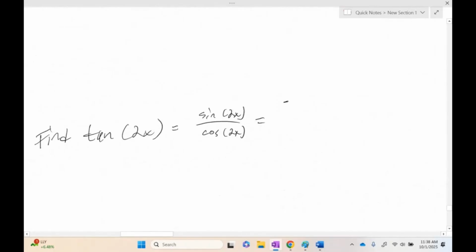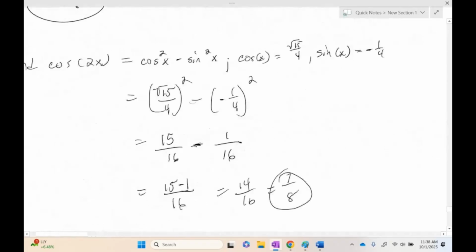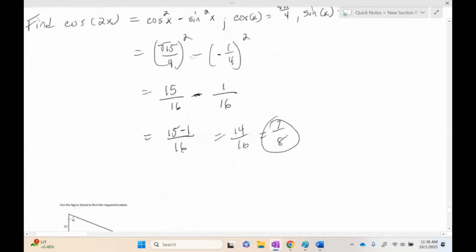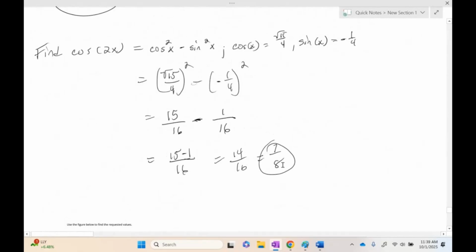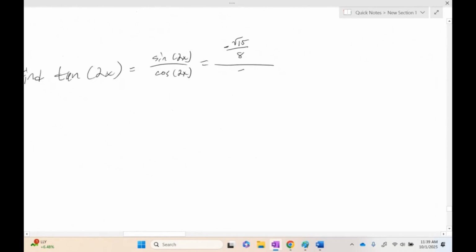So I'm going to put that in, negative square root of 15 over 8. I'm now going to put in the cosine of 2x. We found the cosine of 2x to be 7 over 8. And now I want to simplify.